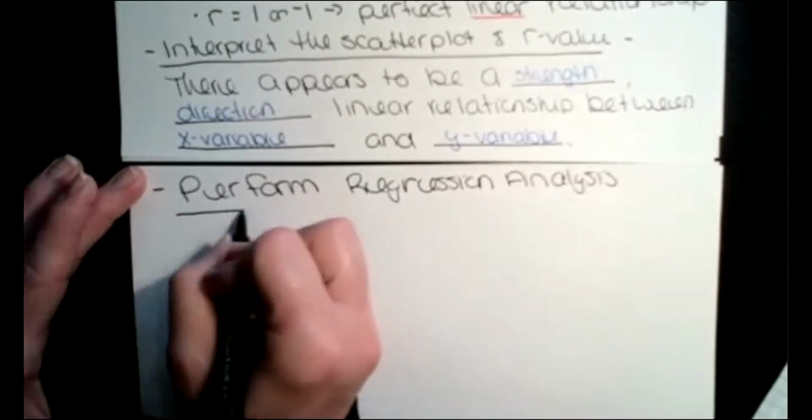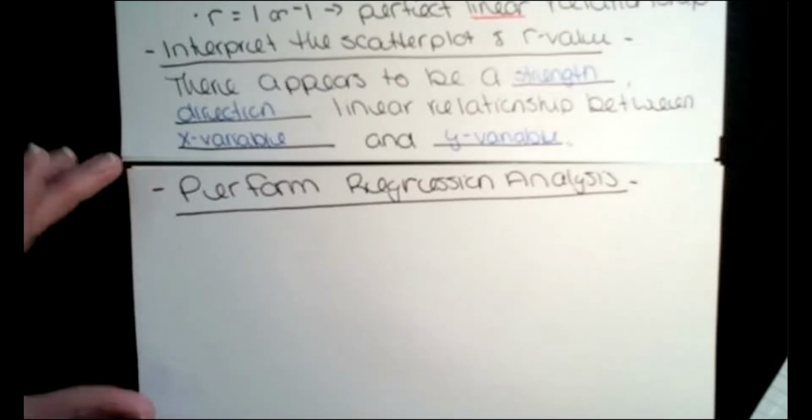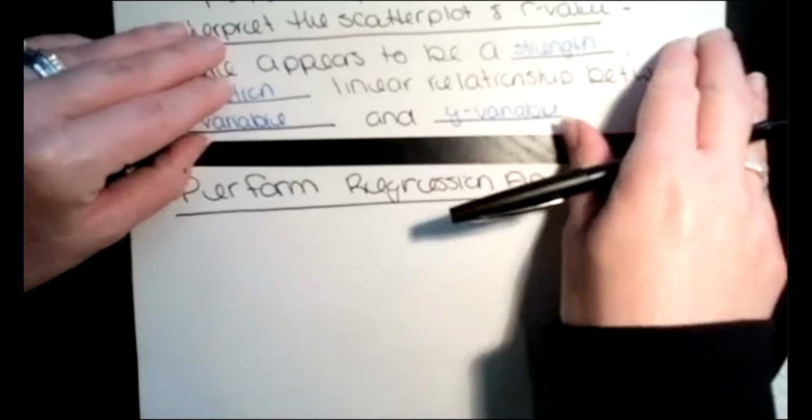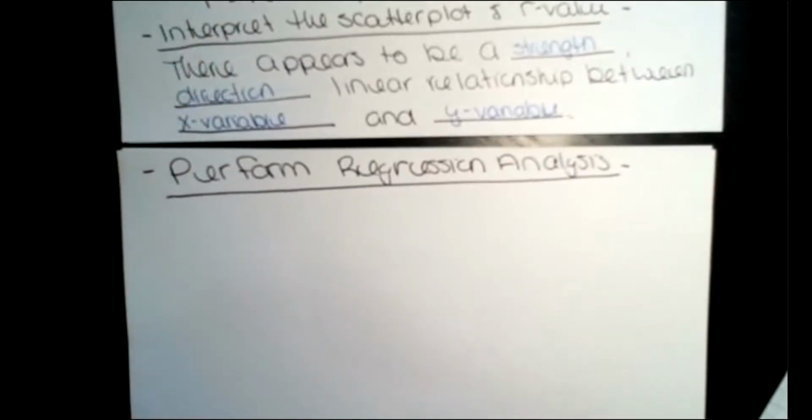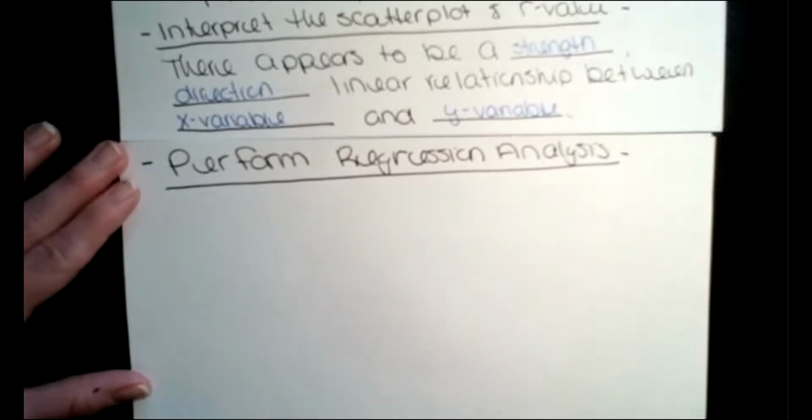So when I say we're going to perform regression analysis, you're just going to build your model. So you're going to build your model with the getting your line of best fit, right? Your least squares regression line, just like what we did in step one.